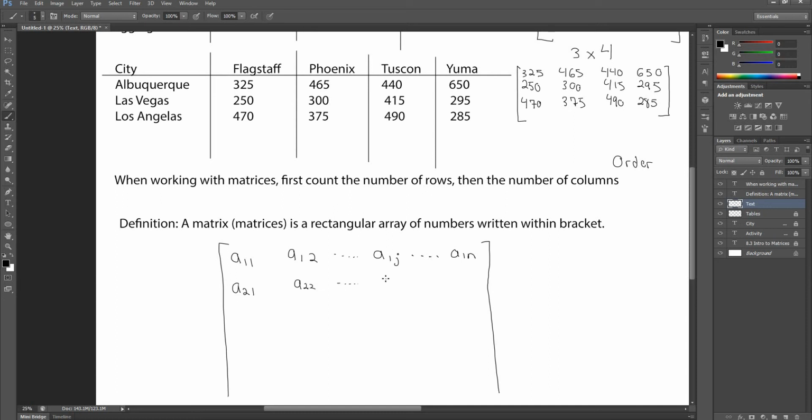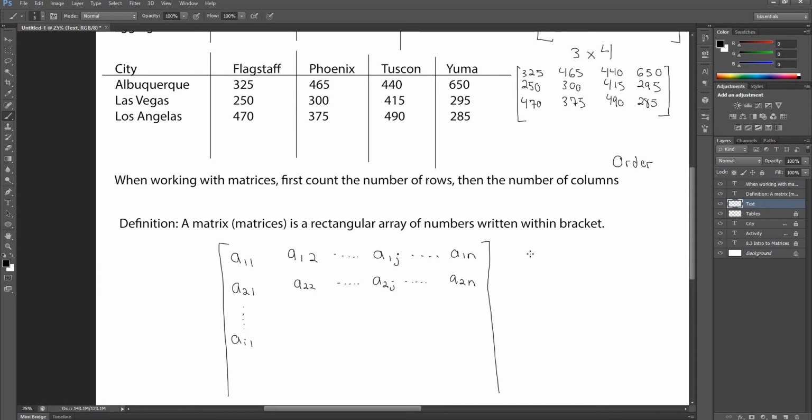We then go to row 2, which would be A21, A22, all the way to A2J, and then to A2N. We skip some elements. We're going to go to AI. So this is just some random entry within a row. So maybe it's row 3, maybe it's row 4.